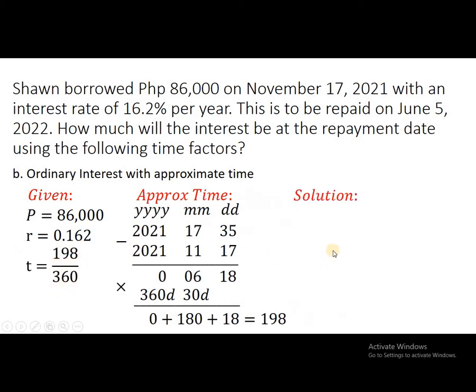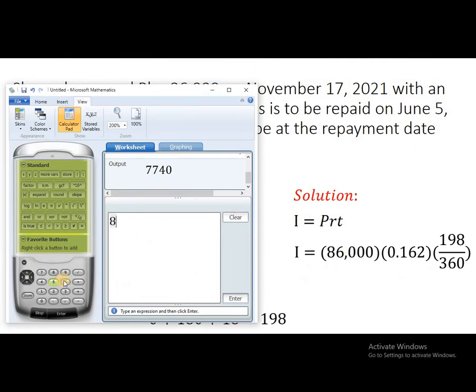We now compute for the interest. We have the solution: interest is equal to the product of the principal amount, the rate, and the time. If we substitute the variables, we end up with 86,000 times 0.162 times 198 over 360. Using the calculator, that would be 86,000 multiplied by 0.162 multiplied by the fraction 198 over 360.